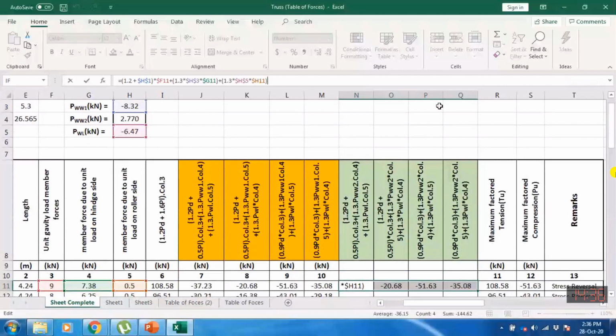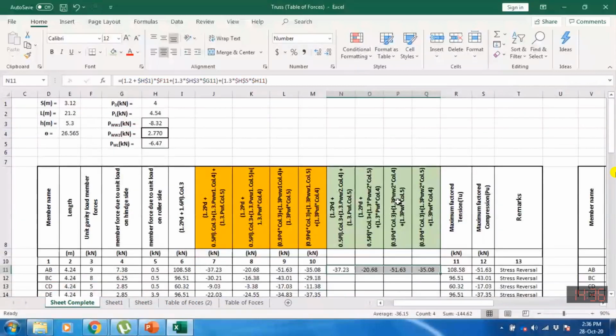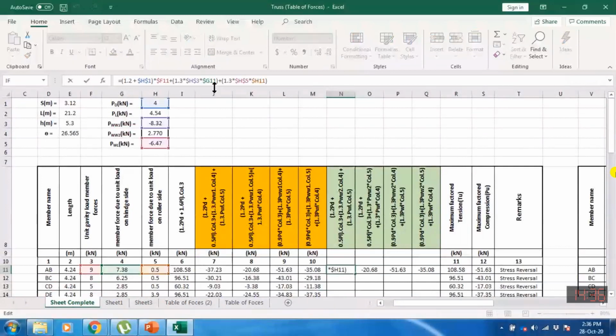So here in this formula, 1.2, there is a mistake here. It means that this one has many mistakes. 1.2 should be multiplied with the dead load. So instead of this plus sign, it should be multiplication.